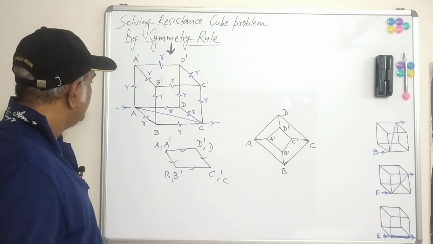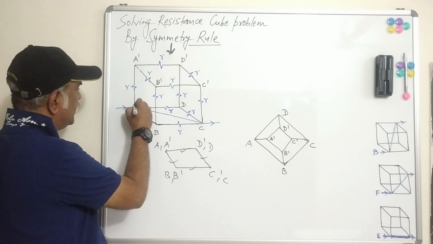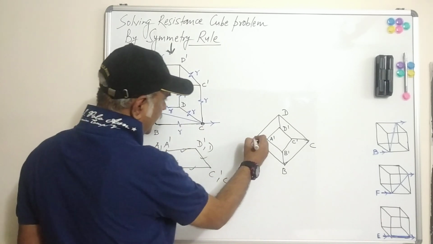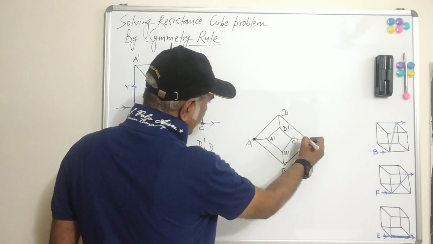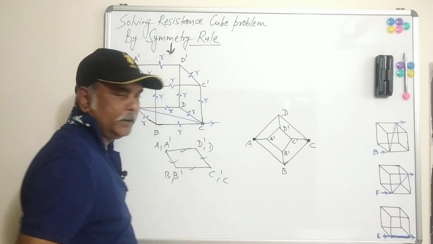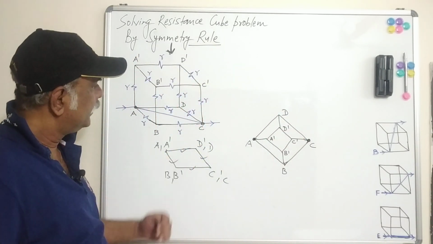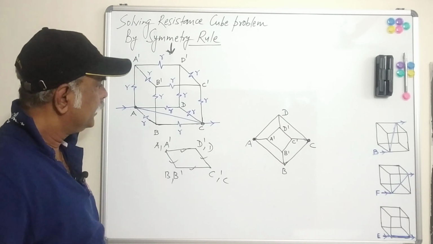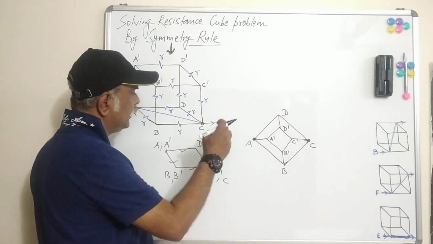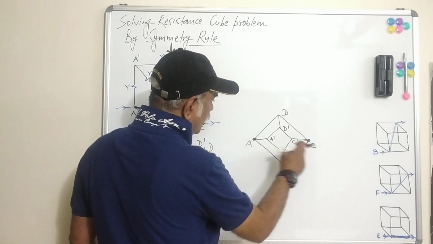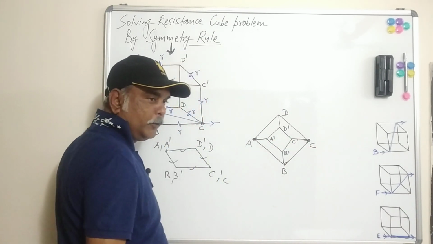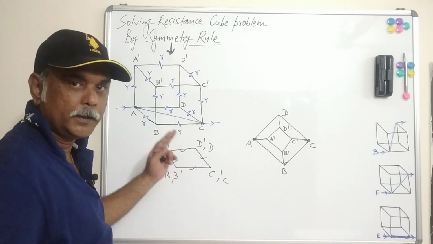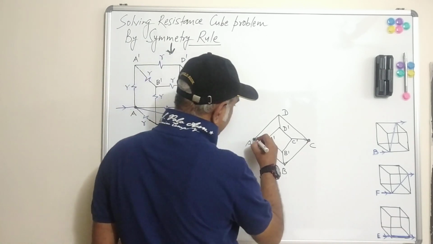What you are supposed to do is find the equivalent resistance between points A and C. Now go by the mirror symmetry. In mirror symmetry, you join the line which connects both the terminals about which you are supposed to find the equivalent resistance. So I am joining it like this.